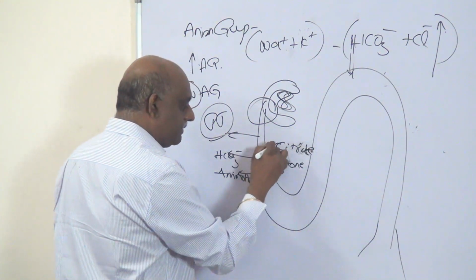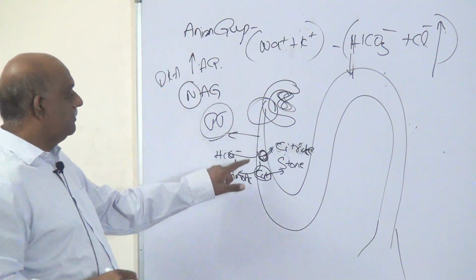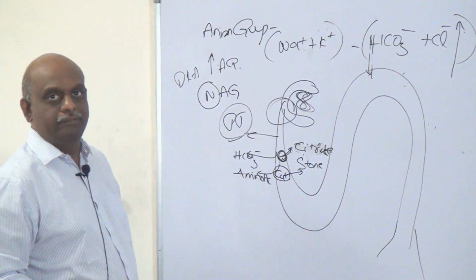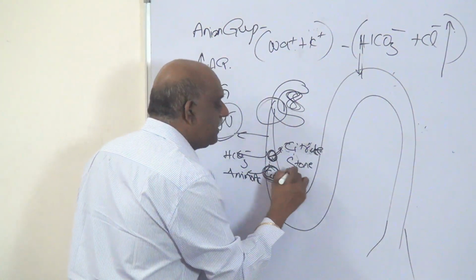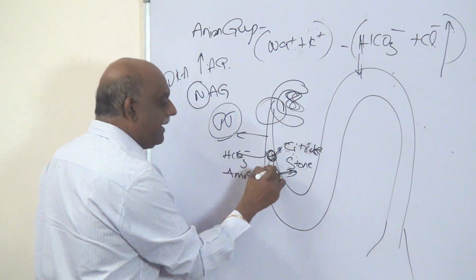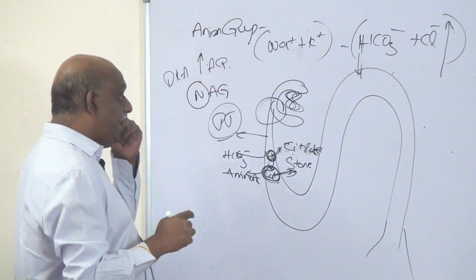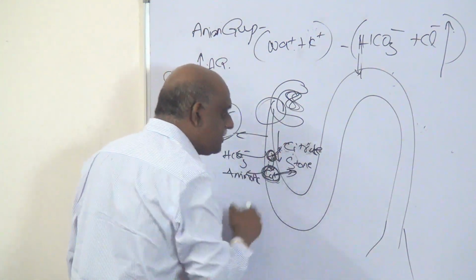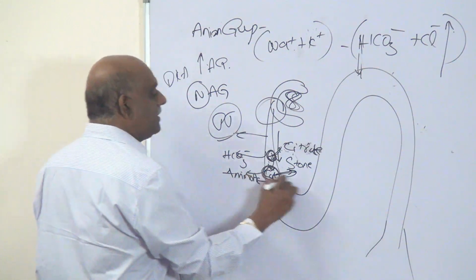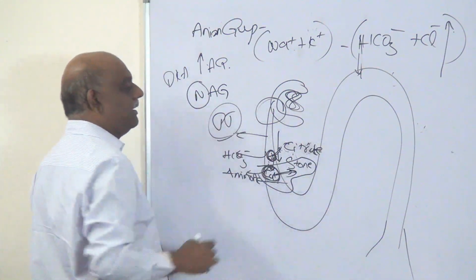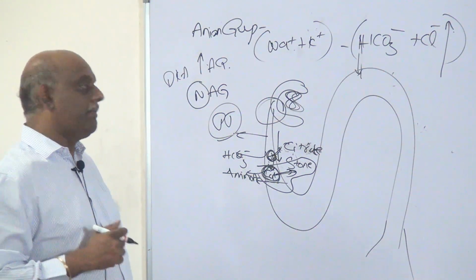The citrate in the tubular fluid prevents the formation of calcium stones by binding with the calcium. Anything that makes the citrate levels come down will precipitate the formation of calcium stones, is what you have to basically remember.